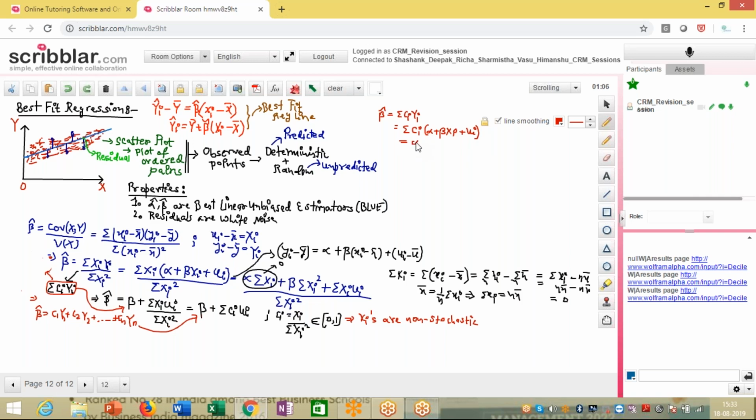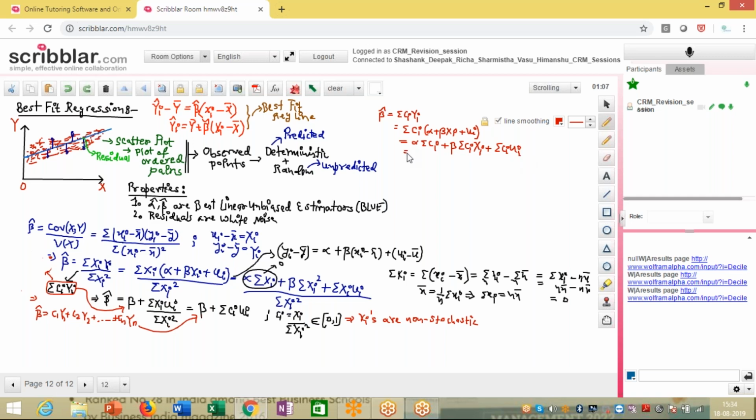You will get alpha summation Ci plus beta summation Ci xi plus summation Ciui, right?